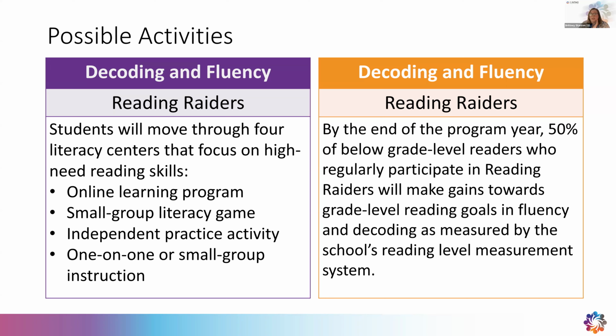We know that this goal is a SMART goal because it is very specific, telling us that it's going to be specifically those students who are below grade level in reading, but that they also are regularly participating, right? It's measurable. We are going to be using the school's reading level measurement system, and our overall goal is that 50% of those participating students are going to achieve that goal. So it is attainable.